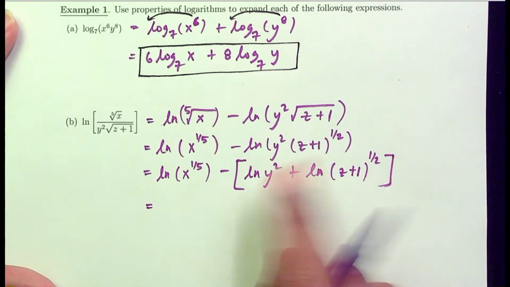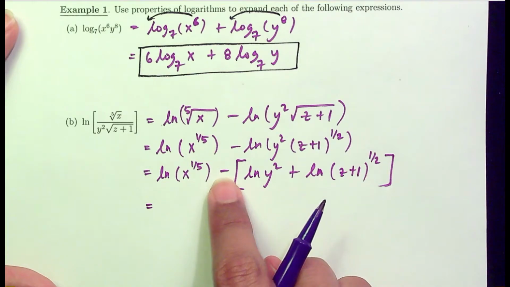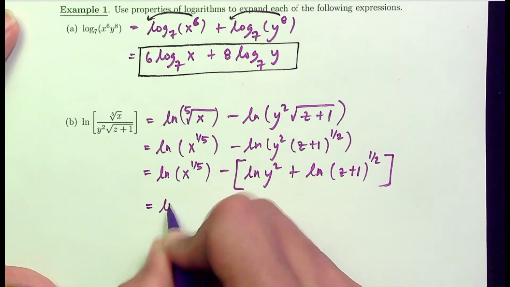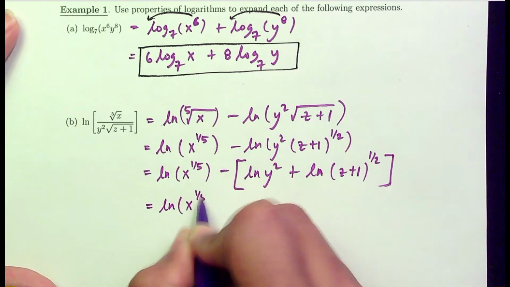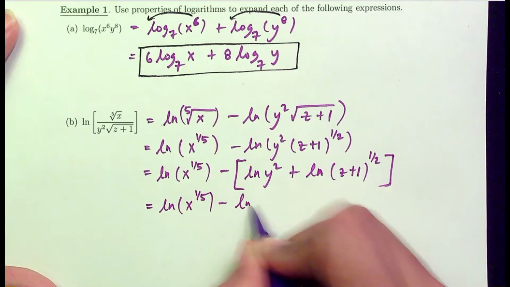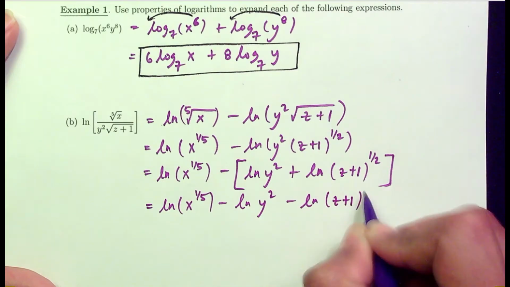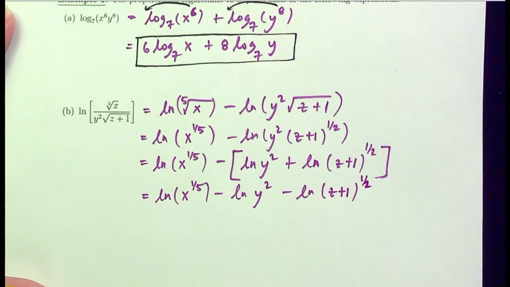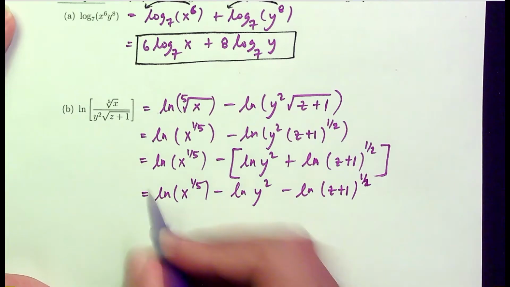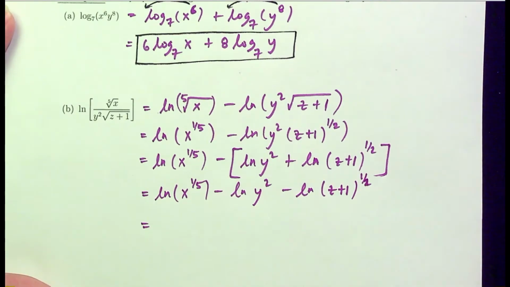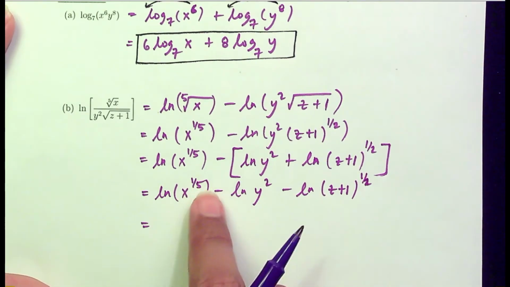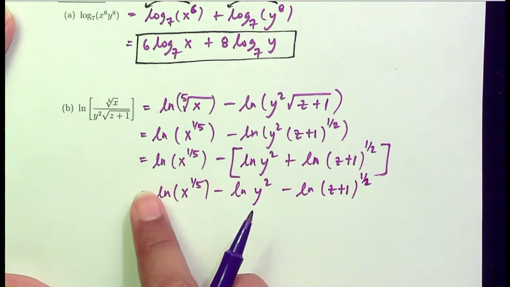And now I'm going to distribute that minus. So this is going to be ln of x to the 1/5 minus ln of y squared minus, because I'm distributing the minus, ln of z plus 1 to the 1/2. All right, and lastly, I can apply that property of moving all the exponents inside the logarithm all the way to the front.